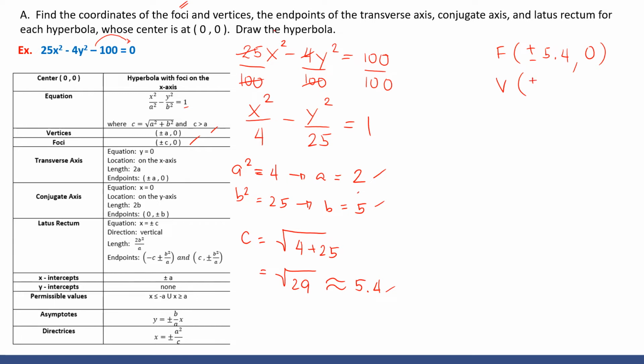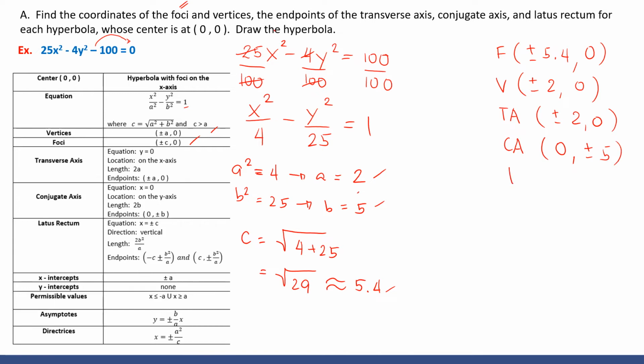So that is plus minus 2 and then 0. For the endpoints of the transverse axis, we have plus minus a, 0. Still, it's plus minus 2 and then 0. Endpoints of conjugate axis, we have 0 plus minus b, so it's 0 plus minus 5.